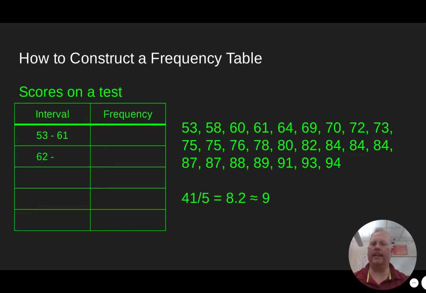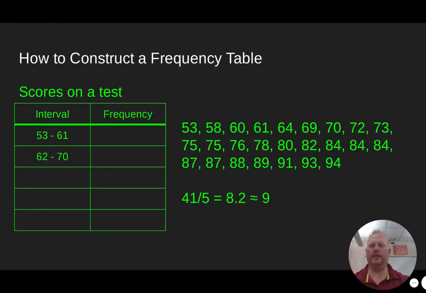So if you're stuck on that number 9, don't think of it as the beginning of this interval and the end of this interval has to be 9. Think of it as the beginning of this interval to the beginning of the next one is 9. Same deal: if I count out again, 62, 63, 64, 65, 66, 67, 68, 69, 70. Is it going to be pretty monotonous to do that? Yeah.